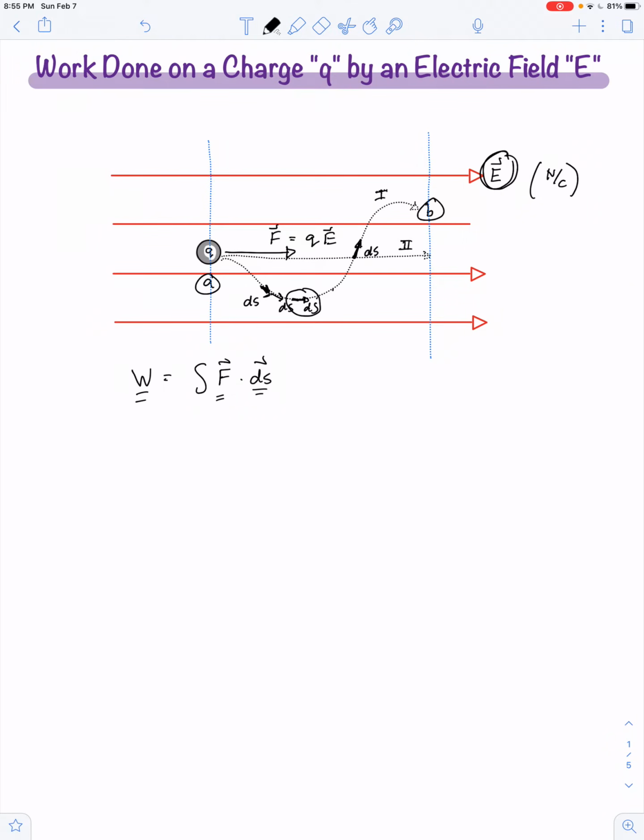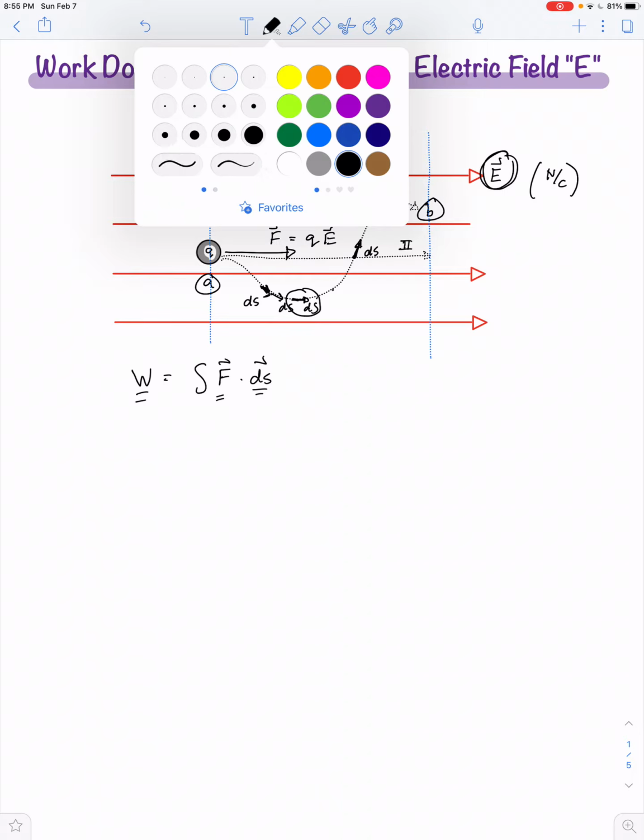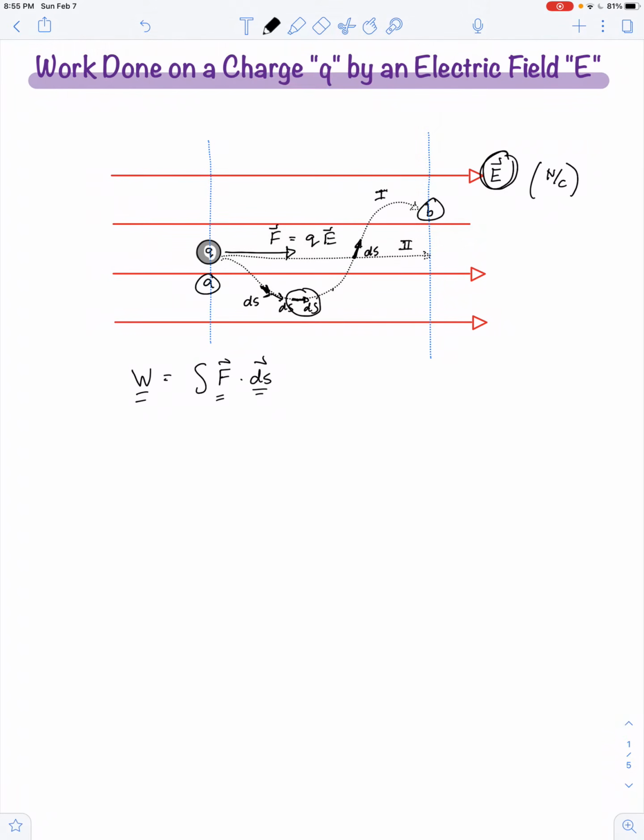So we know that electric field lines point from regions of high electric potential towards regions of low electric potential. If we call this the electric potential that passes through point A, and this is the electric potential that passes through point B, obviously VA, the line of equipotential along the first path shown, is the high electric potential, and VB is the low electric potential.